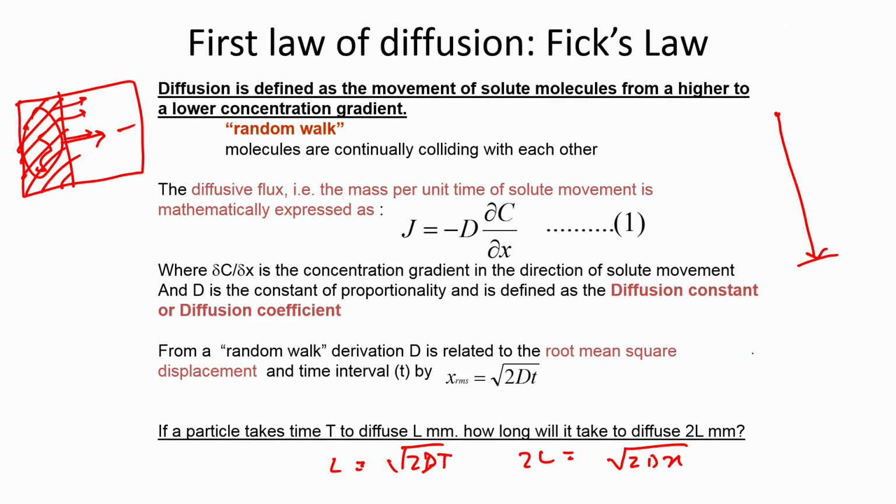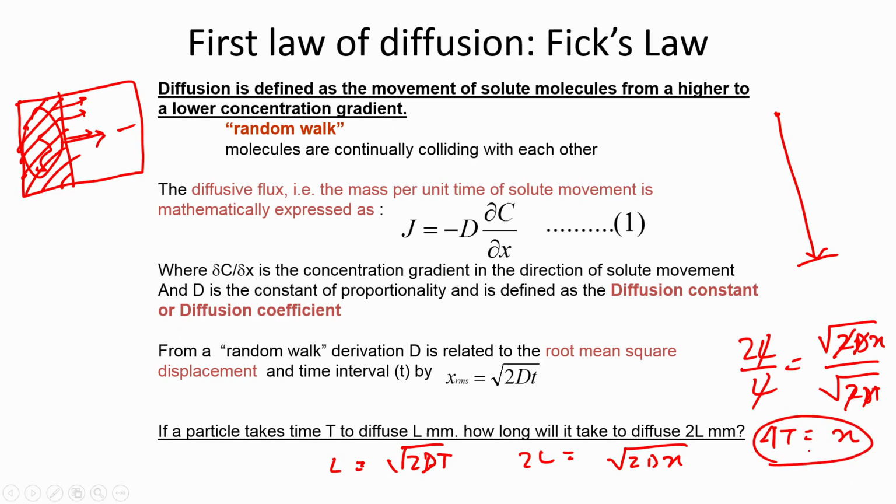Then I can just essentially divide these two equations. So, I will get 2L by L is equal to root 2Dx by root 2DT, L cancels, these two also cancel. So, essentially if I square both sides, I will get 4T is equal to x. So, it will essentially take 4 times as much, because it is a root relationship.